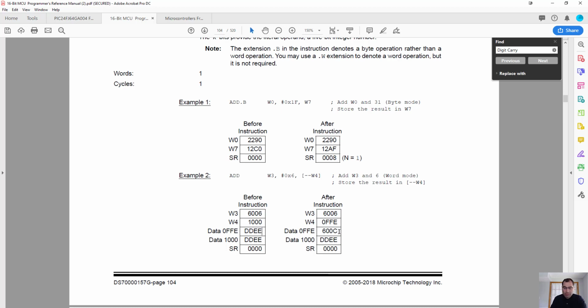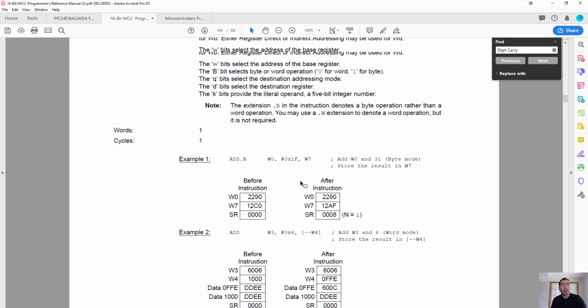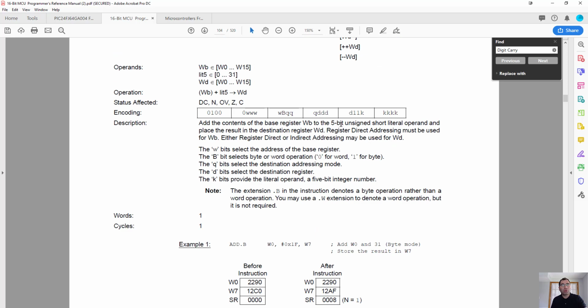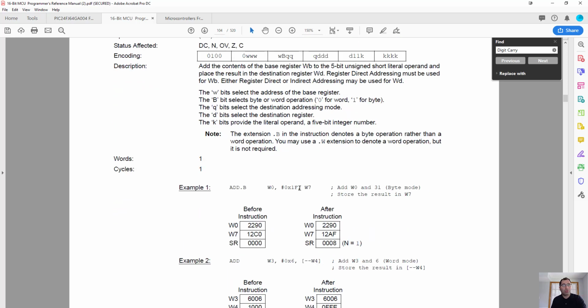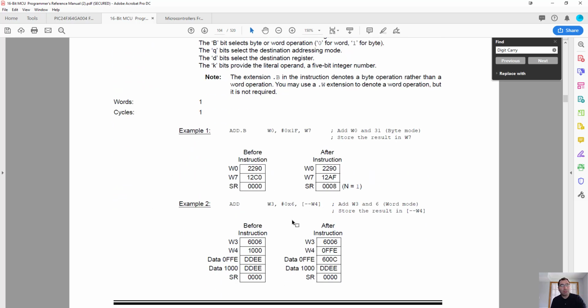Hopefully this helps. Again, I'm not trying to teach you instructions one by one. I gave you two different types of add instructions, and we figured out the opcode, or machine code, for those. We looked at these examples and figured out what's happening.